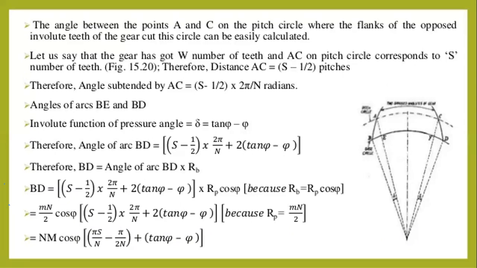So N m cos psi into pi S by N, and tan psi minus psi. So these are to be eliminated.